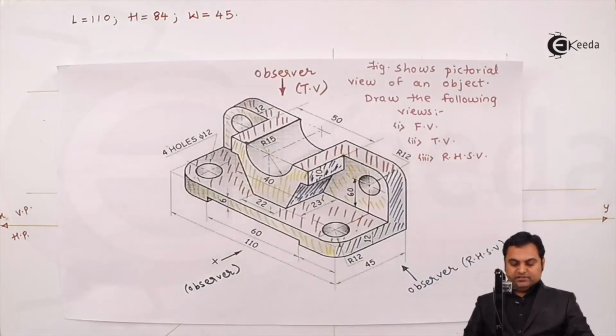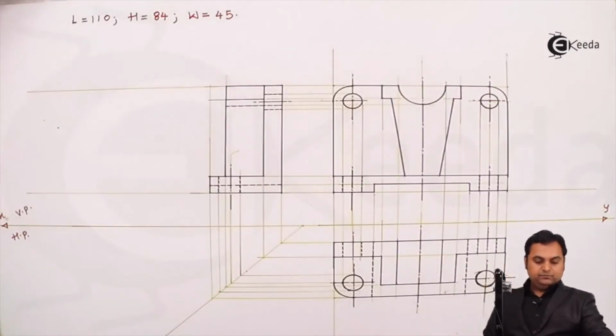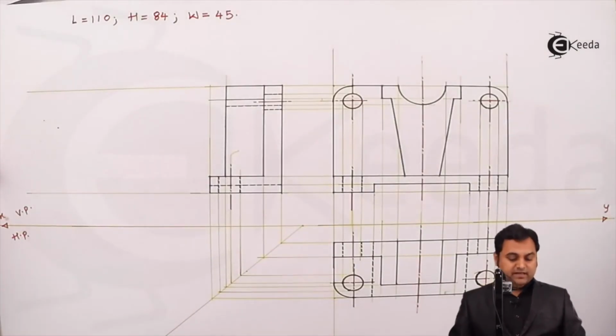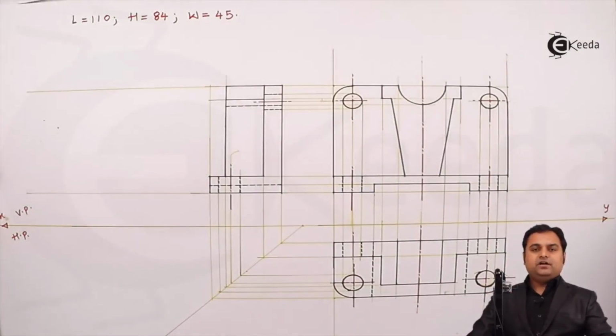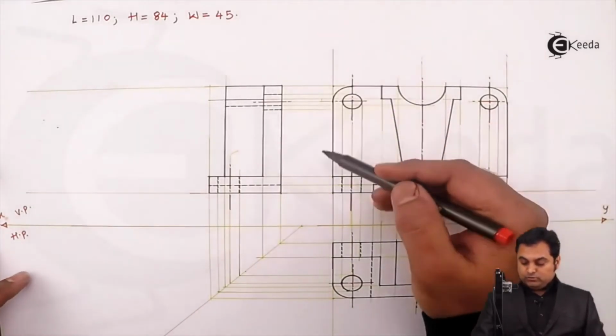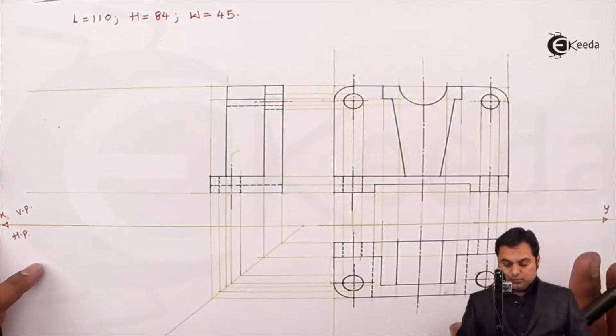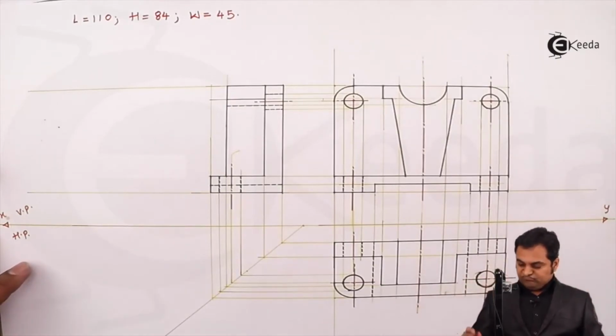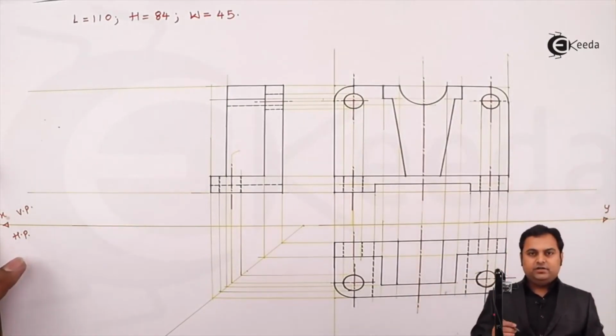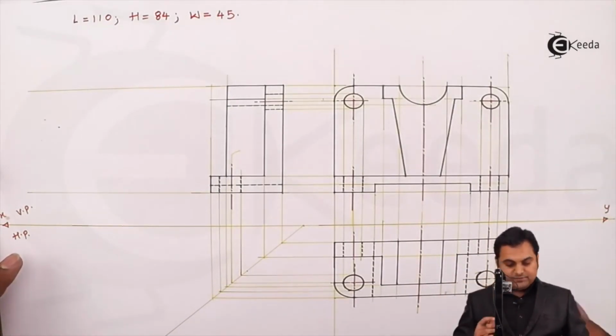So here I'll be giving the dimensions starting with the front view. And remember, whenever we are giving the dimensions, they should be medium dark. That is, compared to the outline, the dimensions will be lighter. And here I'm using red color for showing the dimension lines, that is medium dark lines.